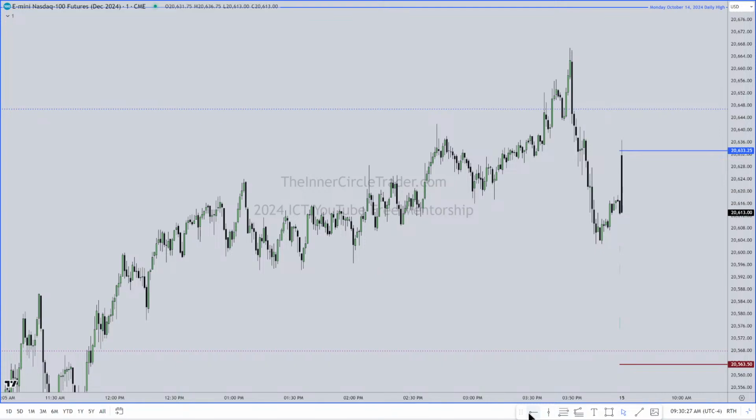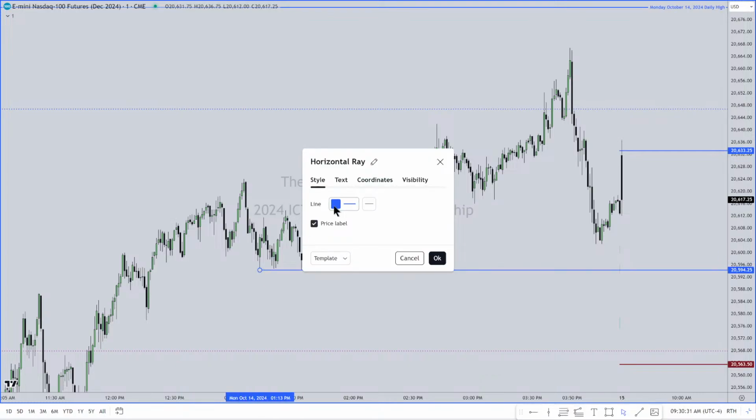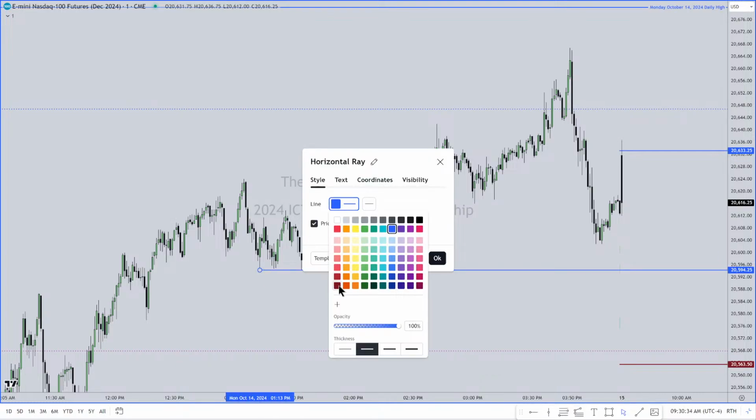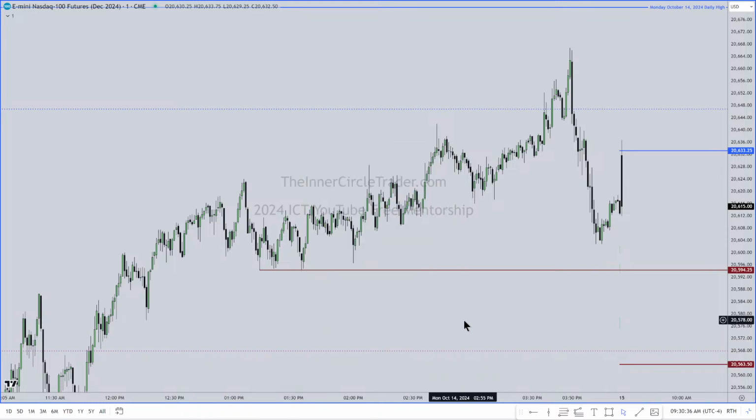So just be mindful of this right here, okay? It's a nice pool of liquidity there that may be impactful for this morning's trading.